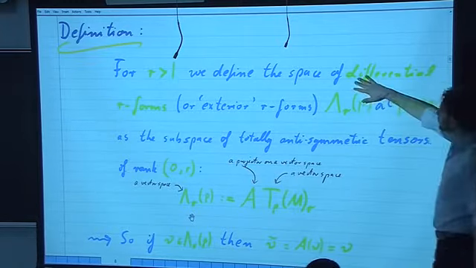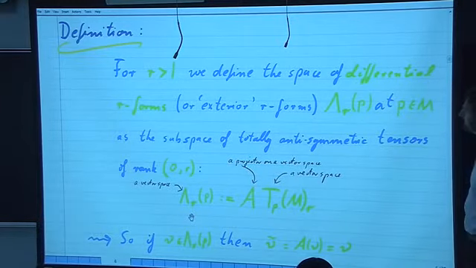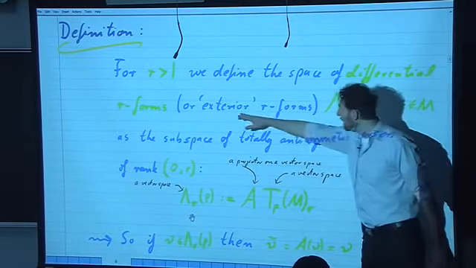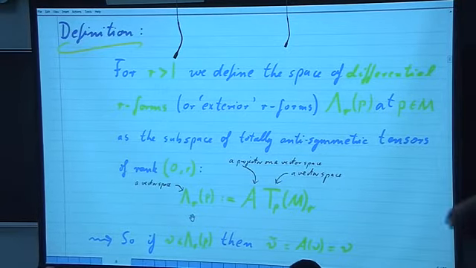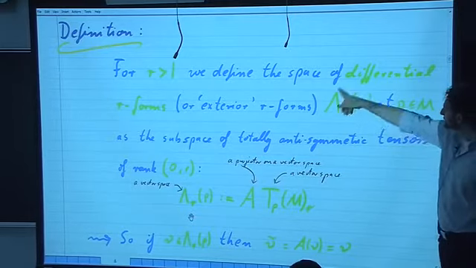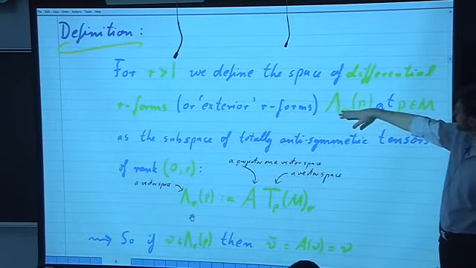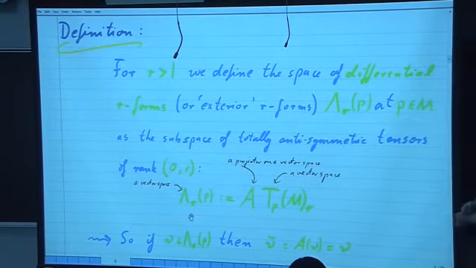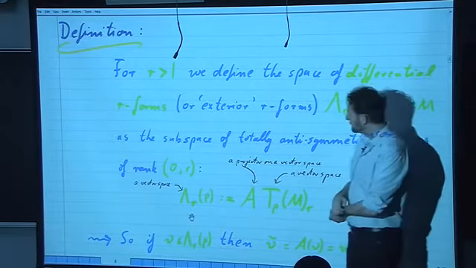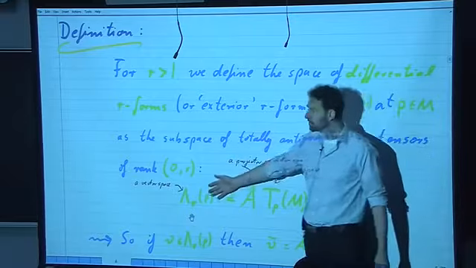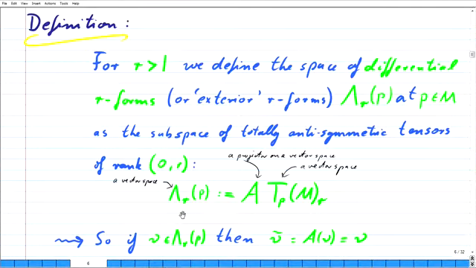So then we define differential r forms, or also exterior r forms, or simply just r forms. We define the space of them, capital lambda r of P, the differential r forms at the point P of the manifold, to be simply all the antisymmetrized 0r tensors.